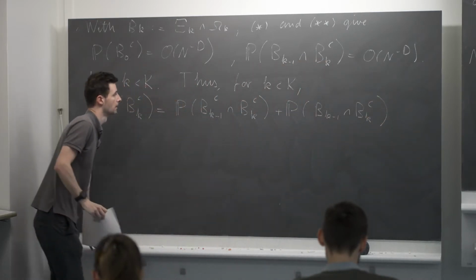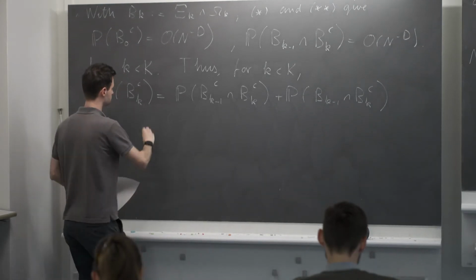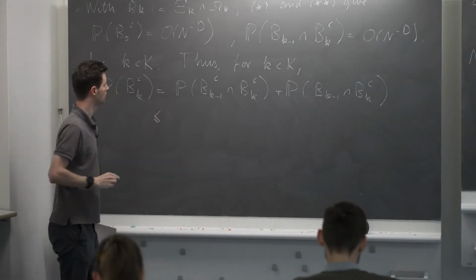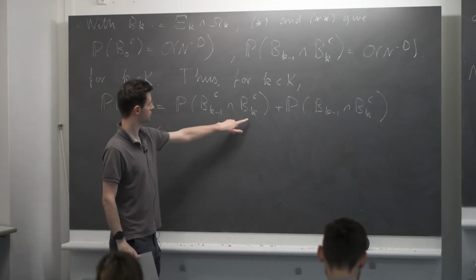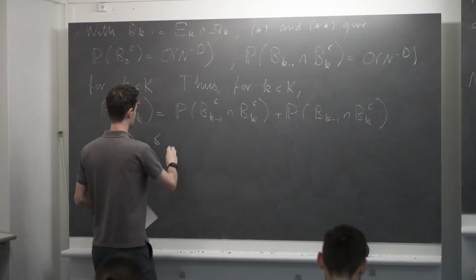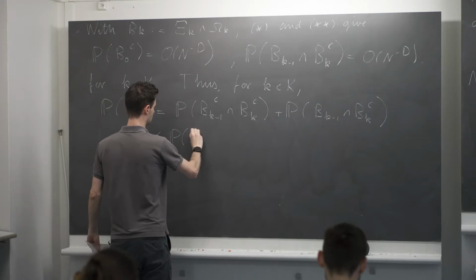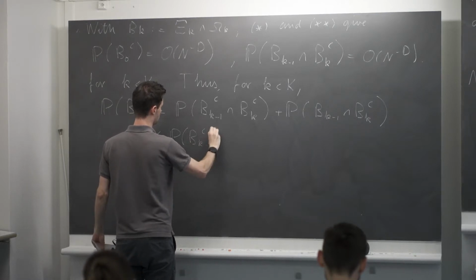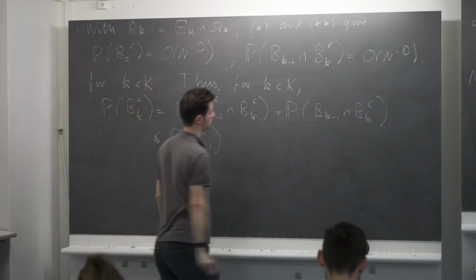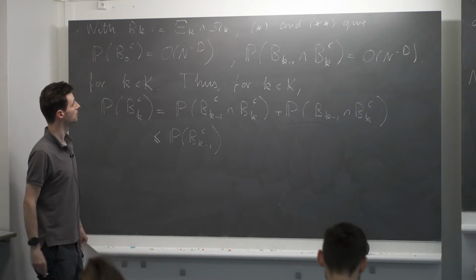Okay, and this one, I can just forget about this to obtain an upper bound. So I get the probability of B_{k-1} complement. And this guy we just proved is small.